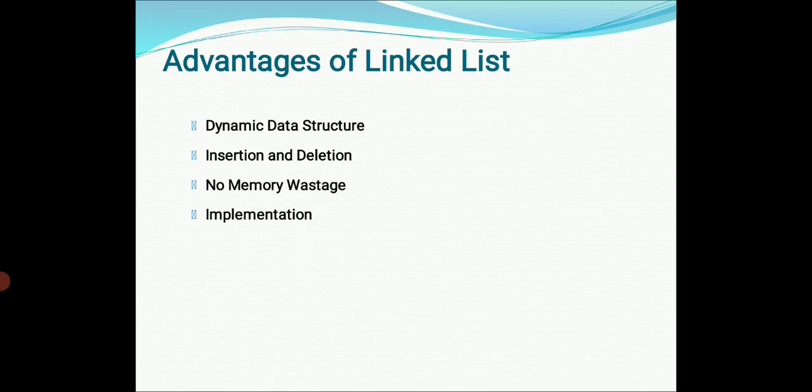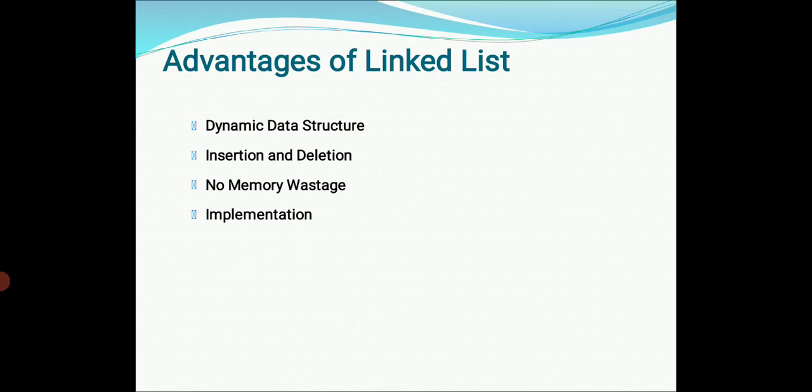So when required, we add a node into the linked list, and when an unwanted node occurs in the linked list, we delete it. So the elements are always changing in the data structure.